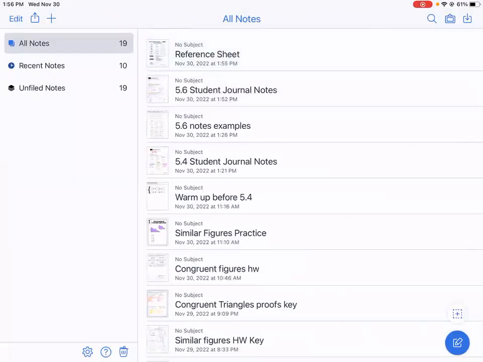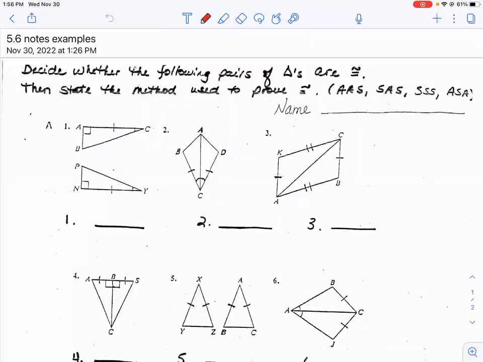Now, before we do an angle angle side or angle side angle proof, I am going to give you a sheet of paper. For the reflexive and the symmetric property, what's the difference?